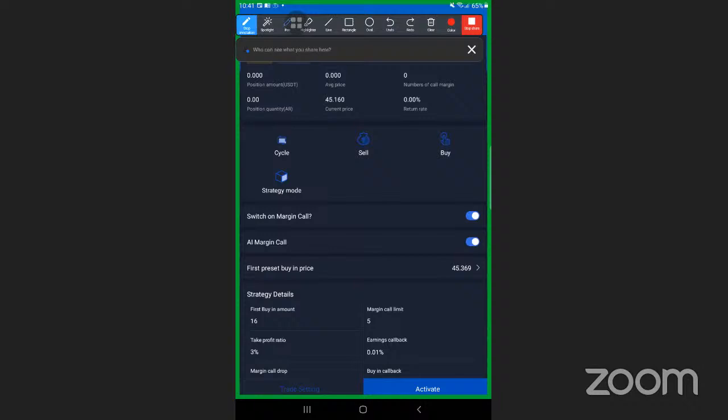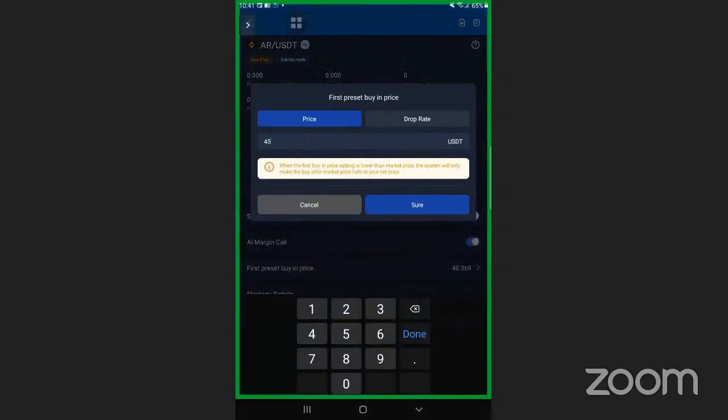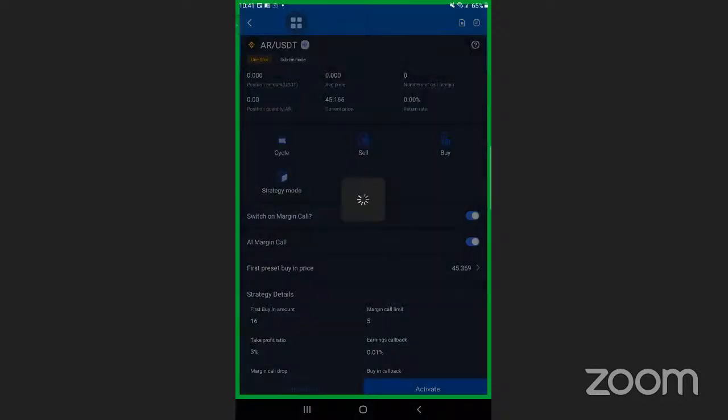I just want us to emphasize what a preset price is. So let's make our preset price 45.090. Let's put it here, 45.090. We put it here.